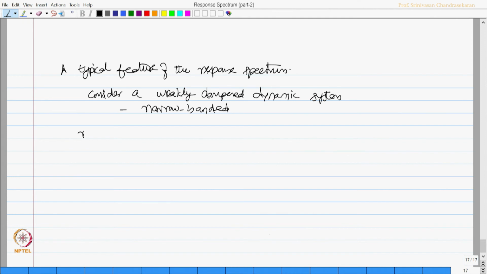So, the response spectrum will become narrow banded for a weakly damped system.